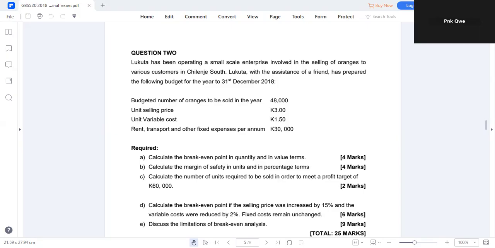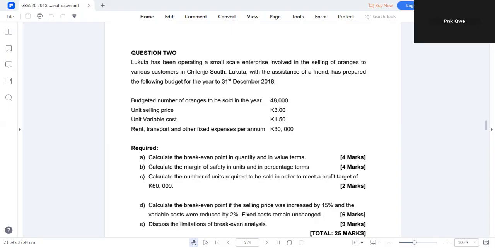Break-even point matters because it helps identify the minimum level of activity to avoid losses. It helps assess the impact of price, cost, and volume changes on volatility. It helps to set realistic targets and pricing strategy.